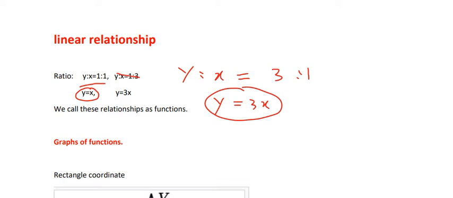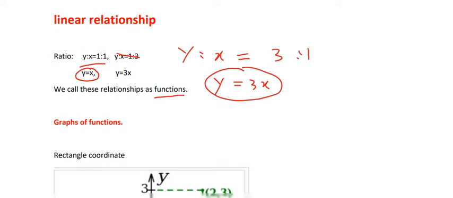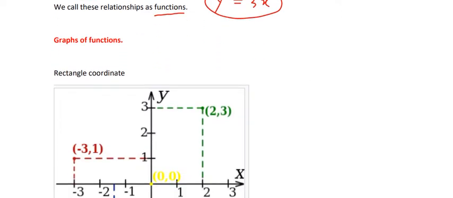So in mathematics, we call those relationships functions. Sometimes we need to graph those functions. We put a graph on a rectangular coordinate system. So here we have x and y, two variables.